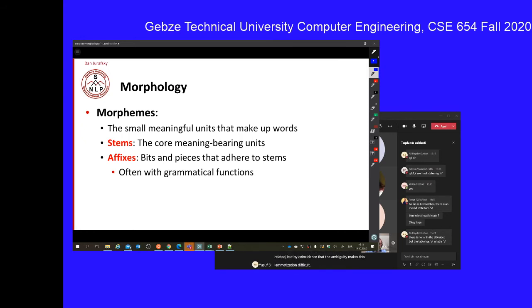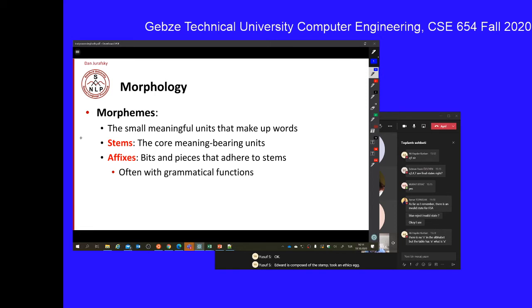Another issue with tokenization is the morphology. Morpheme is like a syllable, like "hece," but it is more meaningful than "hece." They are the small meaningful units that make up words. A word is composed of the stem, "kök," and affix, "ek."